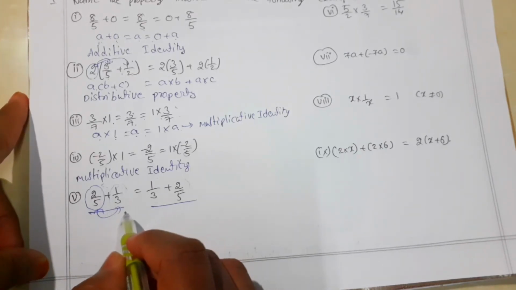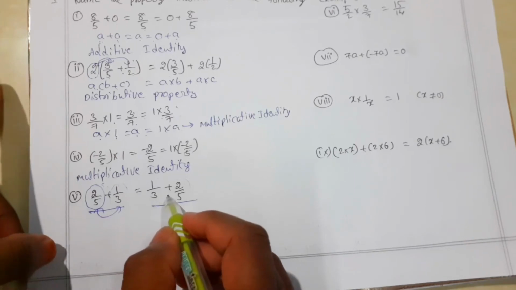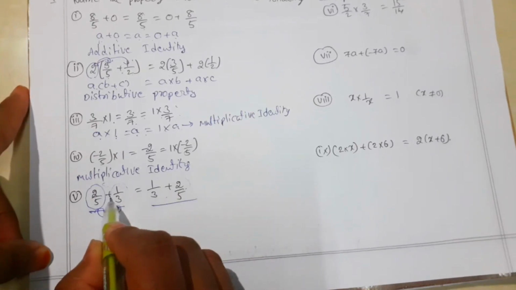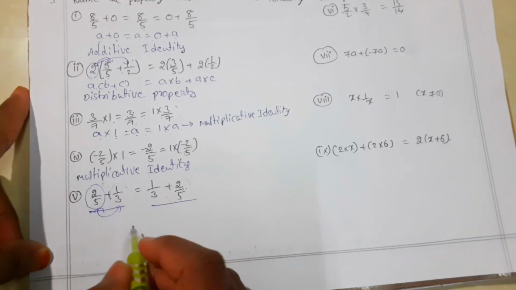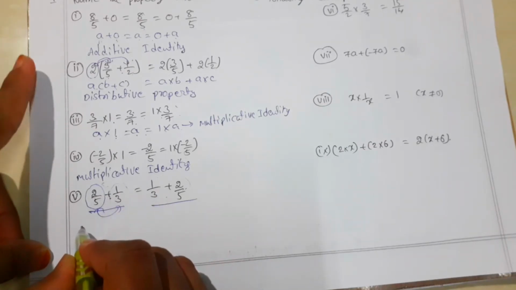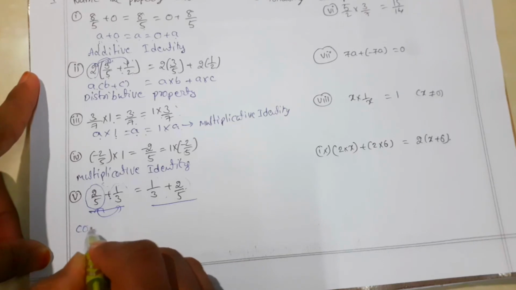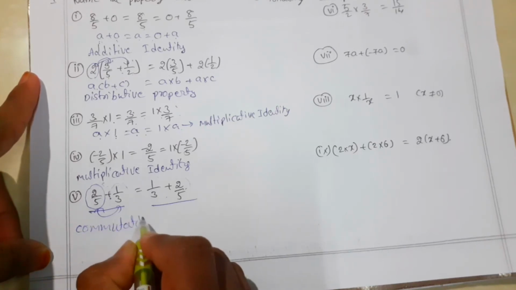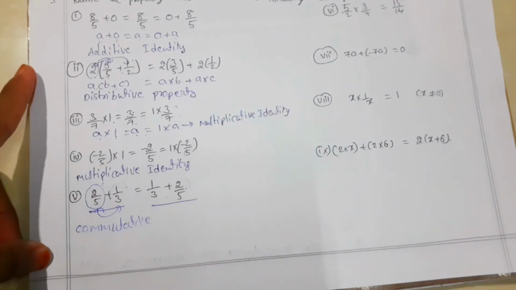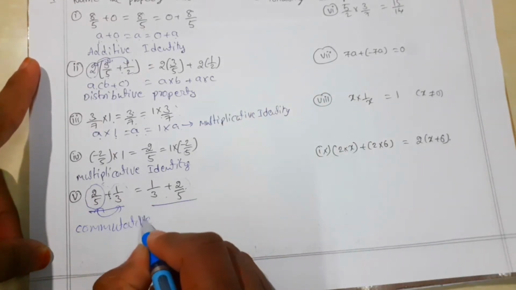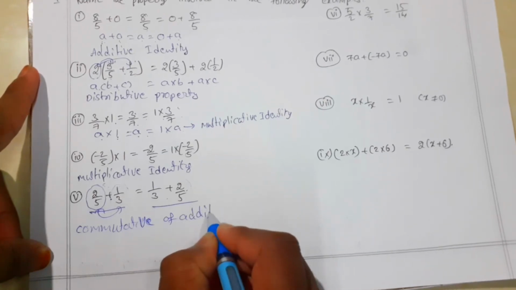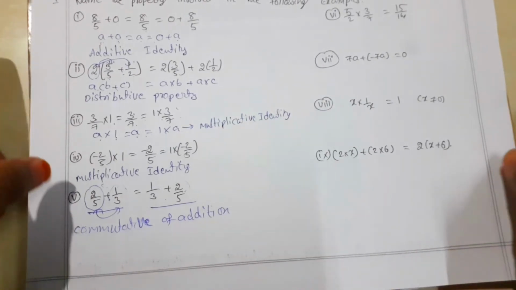Changing the order of numbers is called the commutative property. As we have an addition sign here, this is the commutative property of addition.